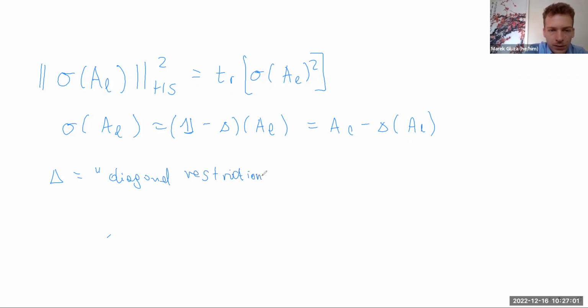So in the paper, I'm discussing this as also the dephasing channel. And what all this tells you is that sigma is Hermitian if A is Hermitian, right?